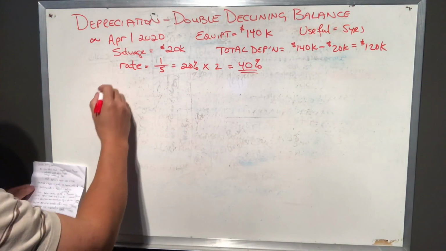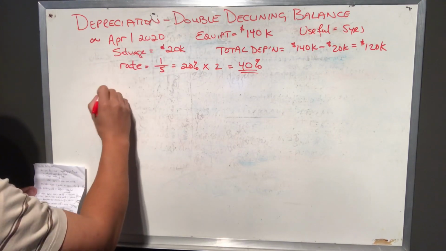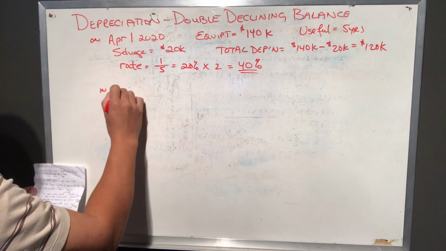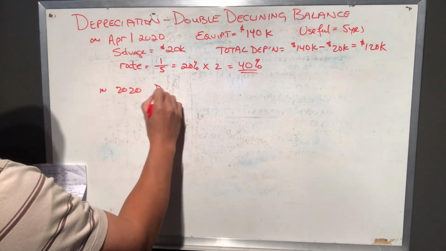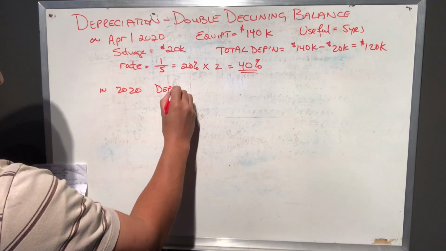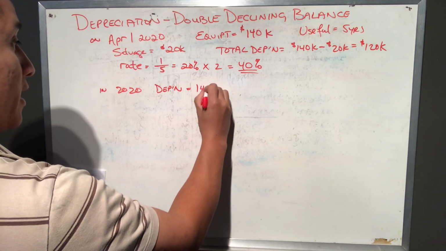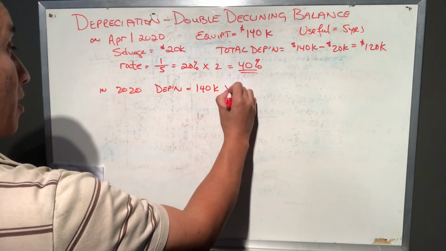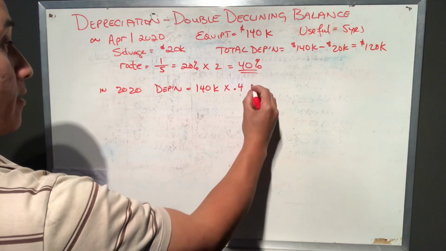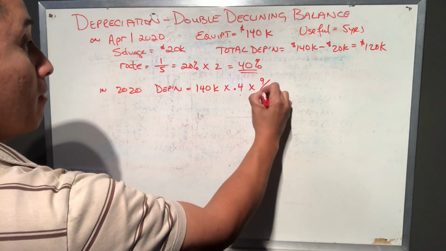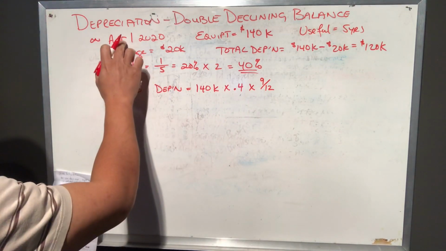So let's say that on April 1st, that's when we bought it. So in 2020, our depreciation is going to be 140,000 multiplied by 0.4 for the 40%, multiplied by 9 months out of the 12 months of the year, because it's on April 1st.